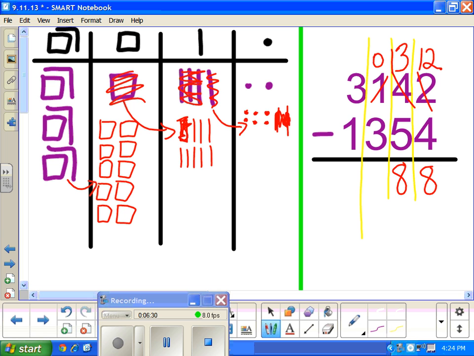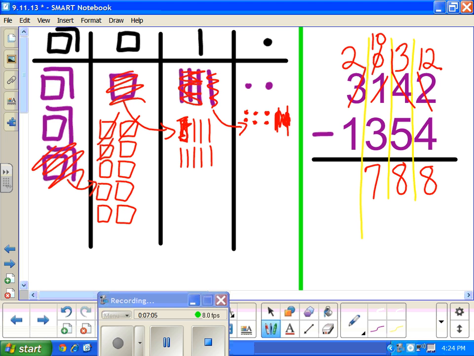And each flat is 100, so 10 hundreds is 1,000. We no longer have that 1,000 there, so we only have 2 thousands left. But now instead of having no hundreds, we have 10. Now we're able to take the 3 hundreds, and of course that leaves us with 700.